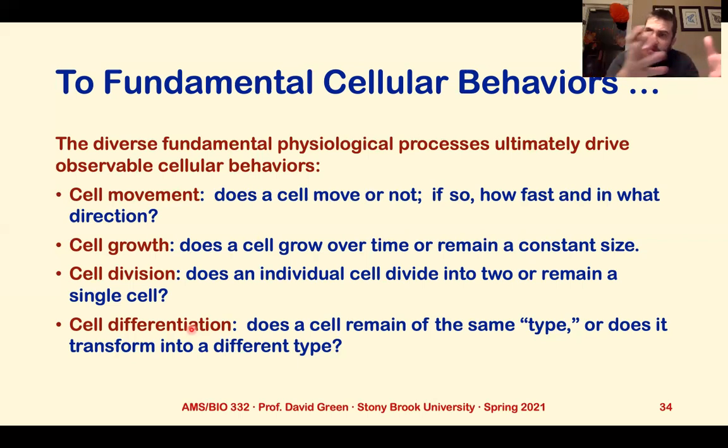At some level, it's controlled by these lower level physiological processes: signal transduction, gene regulation, coupled with the supporting processes of anabolism, catabolism, and transport. These are a summary of the sorts of things that you might observe a cell to do.